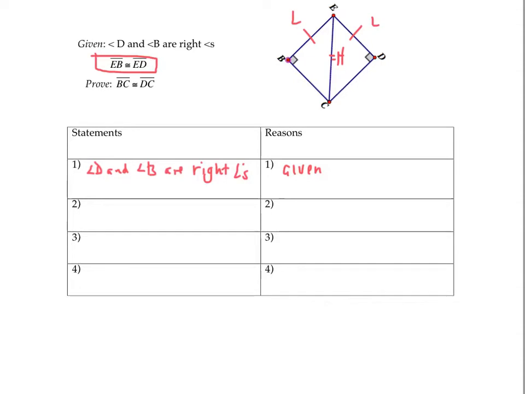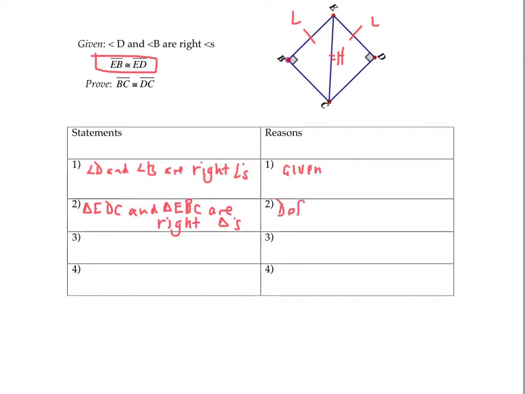So since we're going to use hypotenuse leg to say that the 2 triangles are congruent, the next thing we have to do is say that triangle EDC and triangle EBC are right triangles, because the hypotenuse leg theorem only works for right triangles.